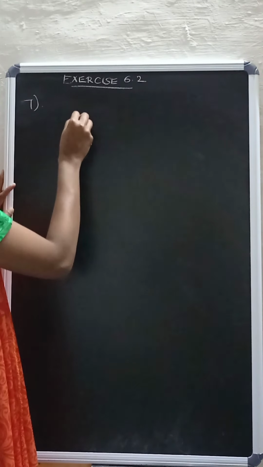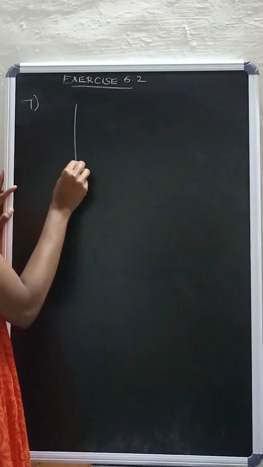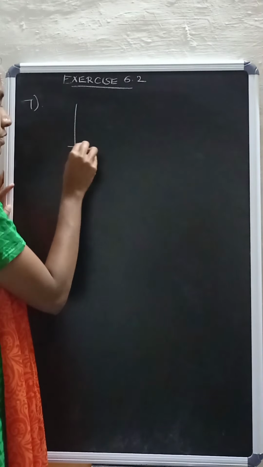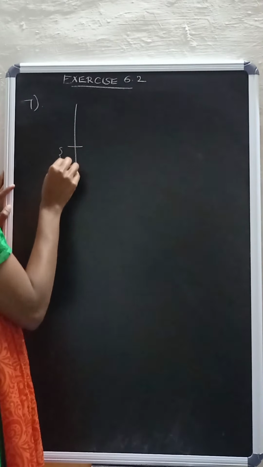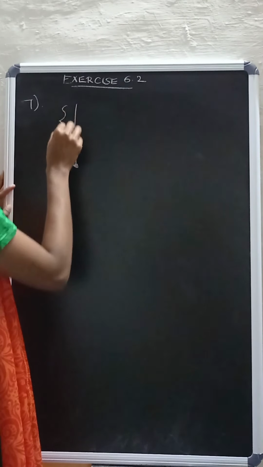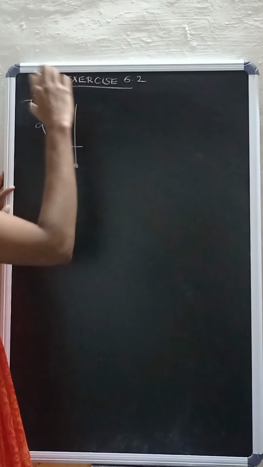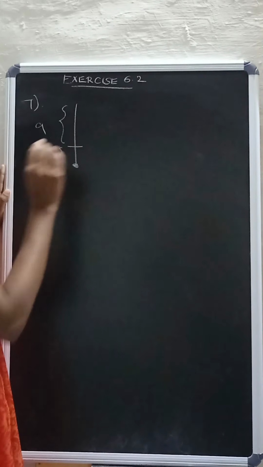So this is 1 part and this is 9 parts. The lower part is shorter than the upper part.